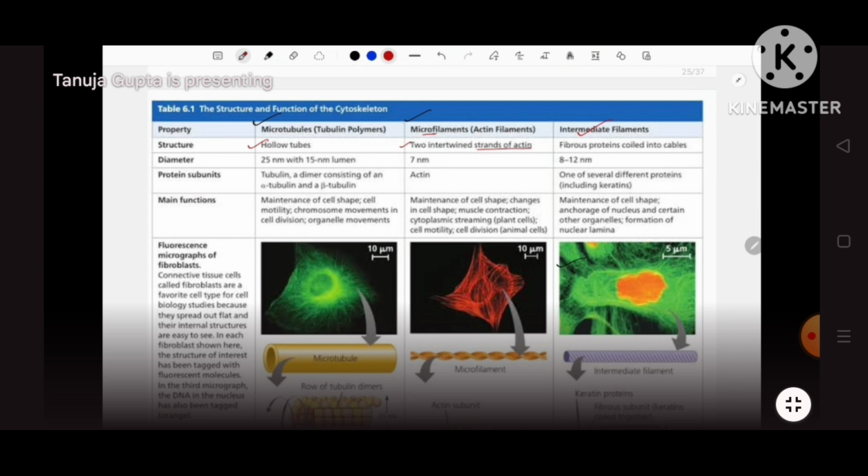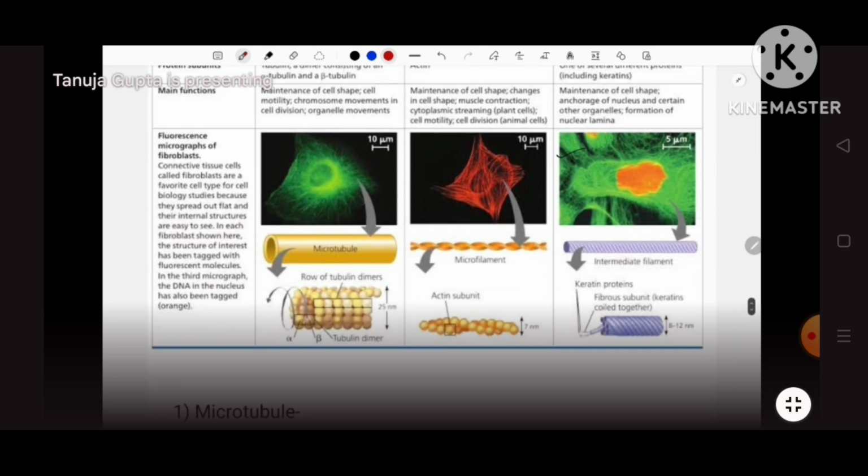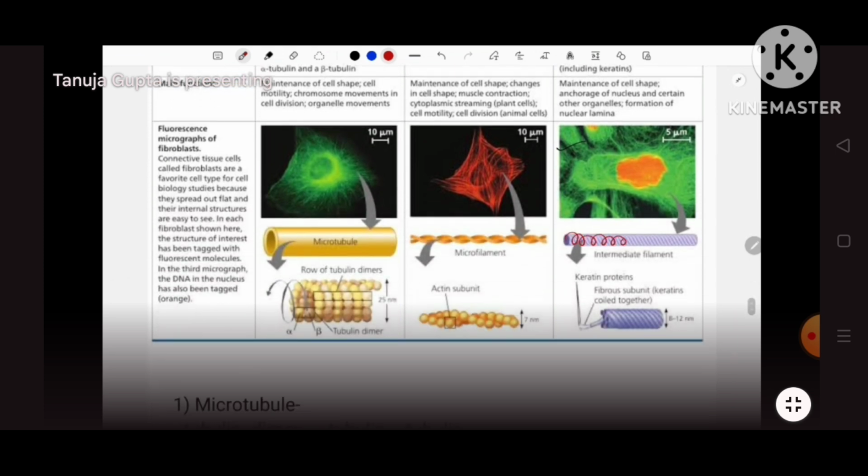Two very thin strands intertwine over each other like this. And the third is fibrous protein coiled into cables, like this, it just coils.